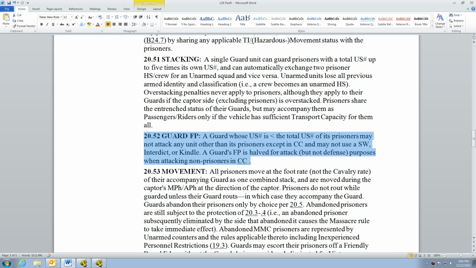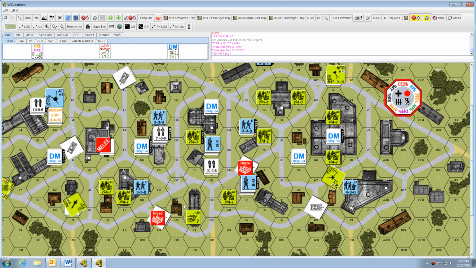I'm probably not as proficient with this part of the rules as I should be. Eventually I might look at doing some videos on the OBA, but at this point I'm still going through them and learning them myself, just because they are a mess. Let's just put it that way.